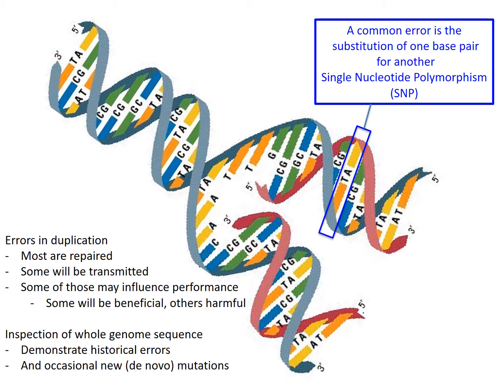Poly means many and morph means type. So a polymorphism just means there's more than one type. A single nucleotide polymorphism means that at a particular position, the nucleotide might change from, say, an A, which is normal, to some other nucleotide, perhaps a T or a G or a C. That would refer to a SNP.